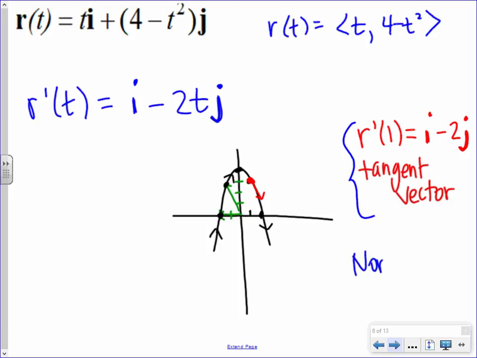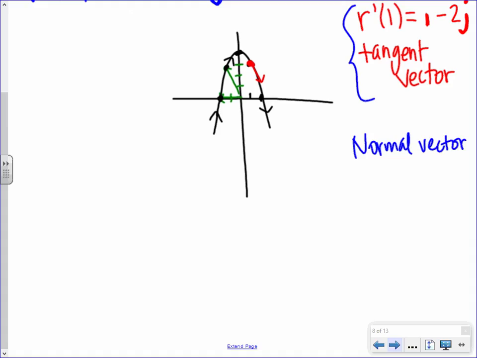What if you are asked to give a normal vector at t equals 1? This is the tangent vector. What would the normal vector be?